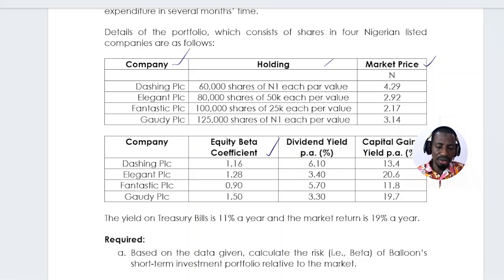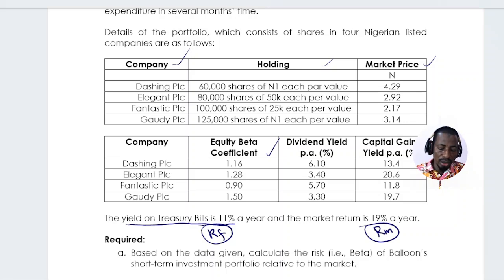The yield on treasury bills is 11%. So the return on treasury bill is the risk-free rate of return. Treasury bill is government security, so that's the risk-free rate of return, and the market return is 19% a year.